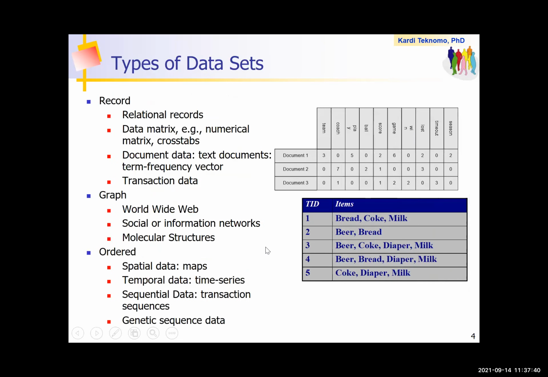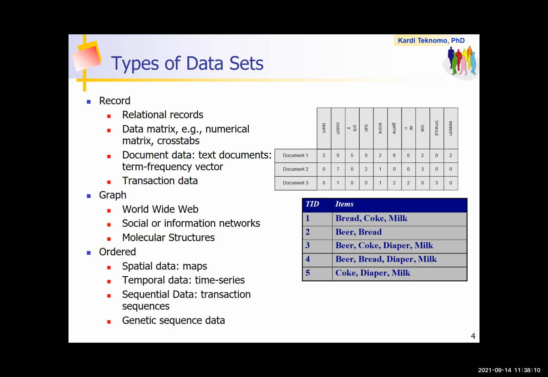Actually there are several types of data sets. In the big picture, we can have record data, similar to the data table a while ago, with relational records, for example data matrix, and document data here on the right side. Bottom right here is the transaction data.